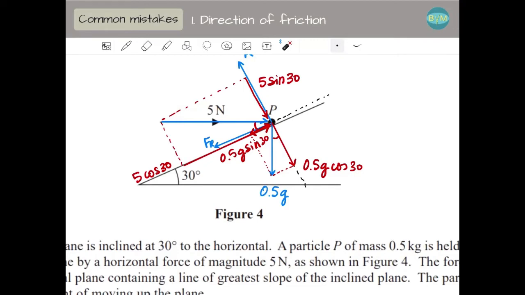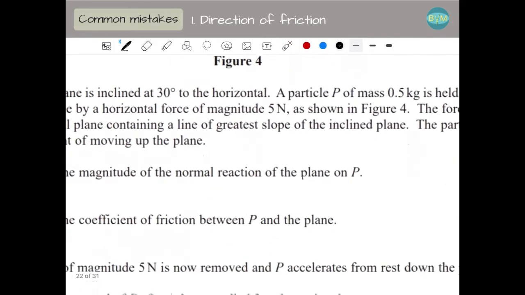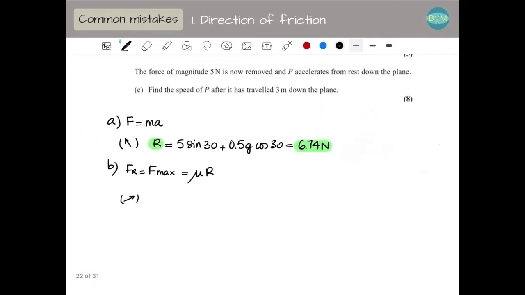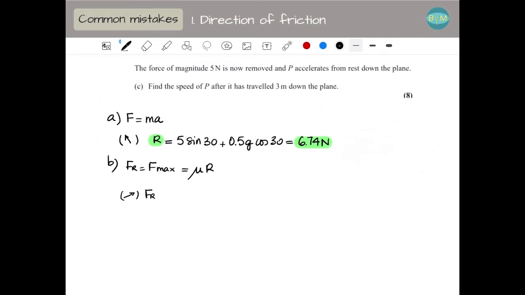So friction plus 0.5 g sine of 30 is going to be the one pointing up, that is 5 cos of 30. And from here, substituting, we get that the friction is 1.88 newtons.